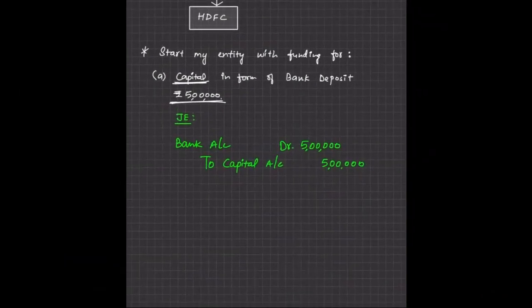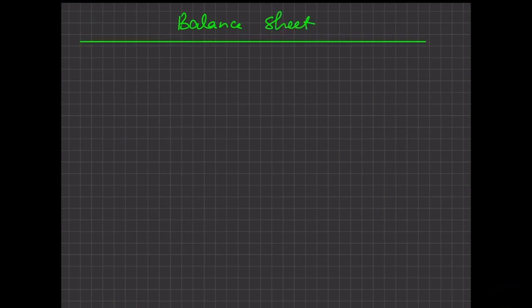Now let's see how our balance sheet will look. On the balance sheet, I have a liability side and an asset side with amounts.